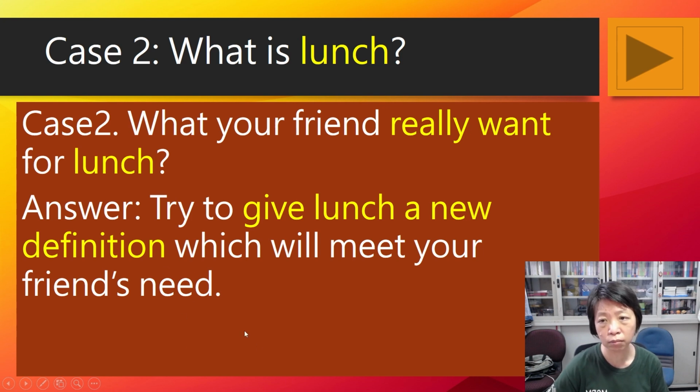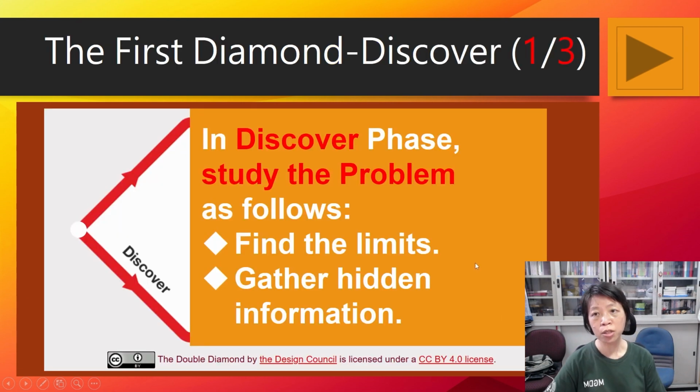So, case two, the answer is to try to give lunch a new definition which will meet your friend's need. That's the real need, right? And so, this will bring us to the first diamond. The first diamond's work is to find the real problem.